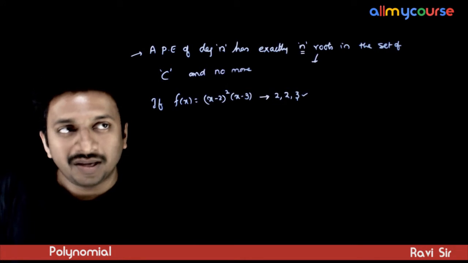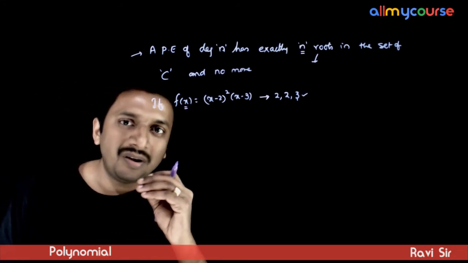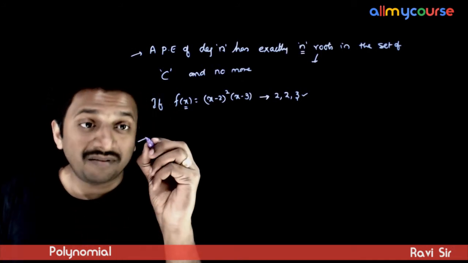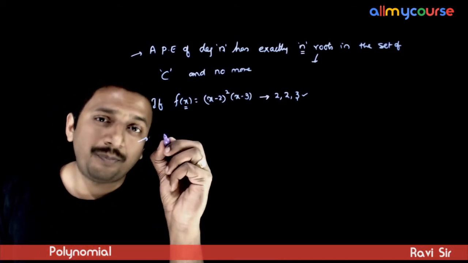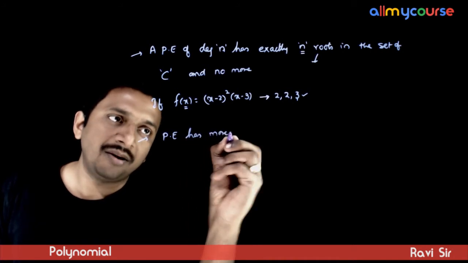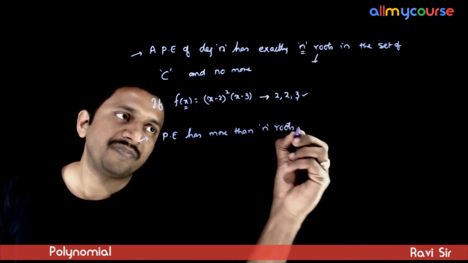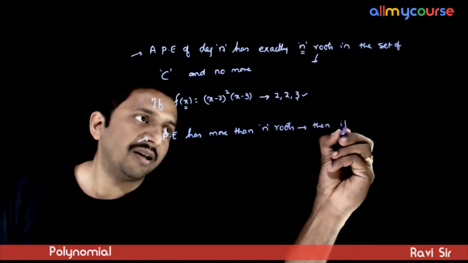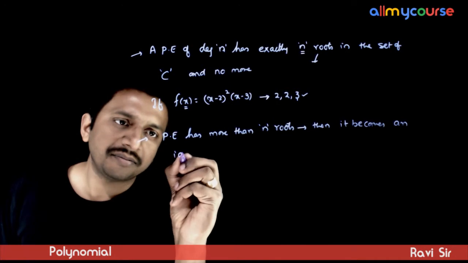That means f of alpha will be equal to 0 only n times and not more than that. If in a problem it is claimed that a polynomial equation has more than n roots, then there is only one option: it becomes an identity.